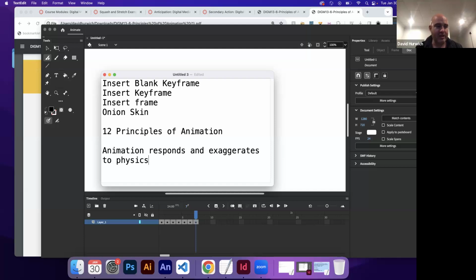We correspond what we see in everyday life, how people move, how objects fall. Things fall down, they don't fall up. When things hit a surface, they collide and bounce off of it, right? So when we watch animation, we need the things that we see to correspond to physics.